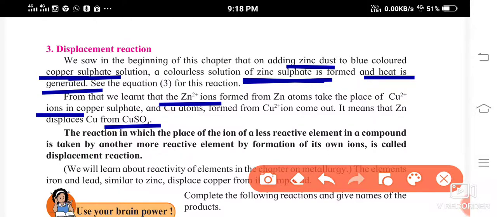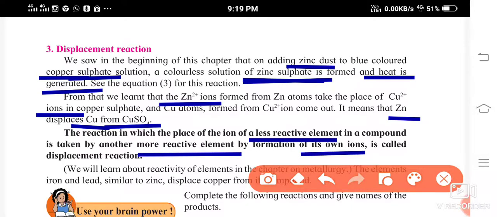I told you this zinc is going to displace copper. Why is it going to displace? Because zinc is more reactive than copper. So the reaction in which the place of the ion of a less reactive element in a compound is taken by another more reactive element by formation of its own ions is called displacement reaction. So what is this displacement reaction?